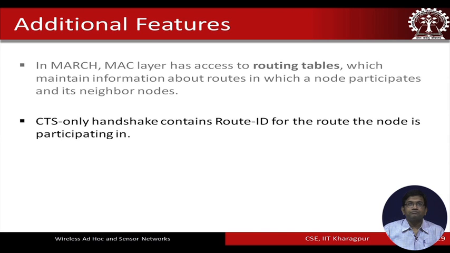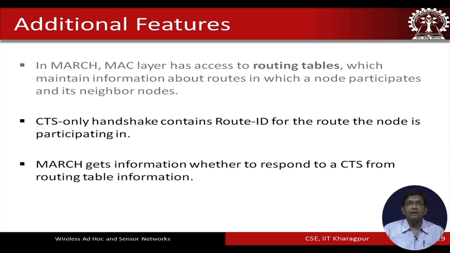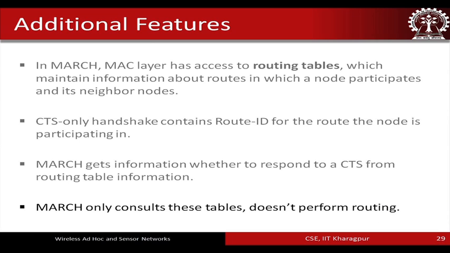Then the CTS-only handshake contains the route ID for the route the node is participating in. MARCH gets information on whether to respond to a CTS from the routing table information. MARCH only consults these tables and does not perform routing.